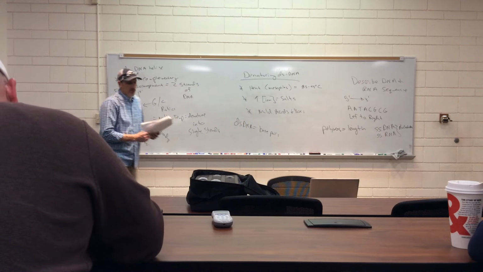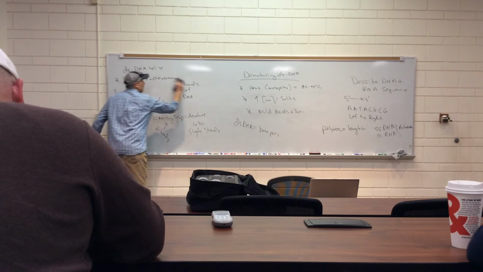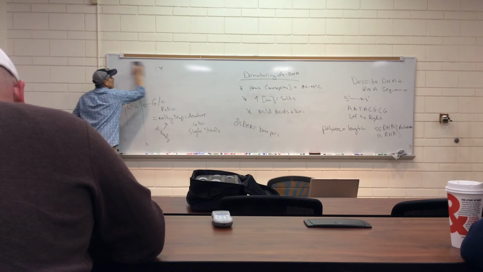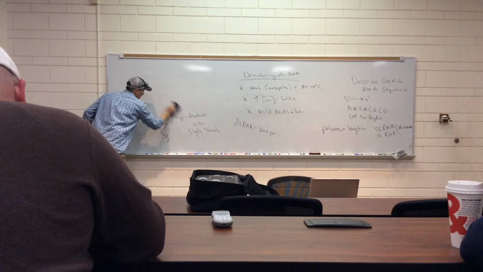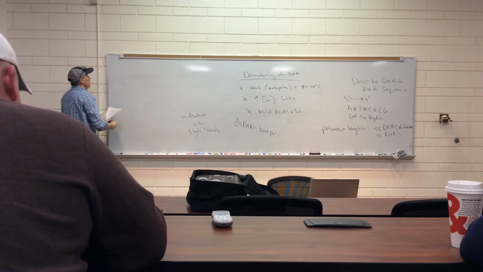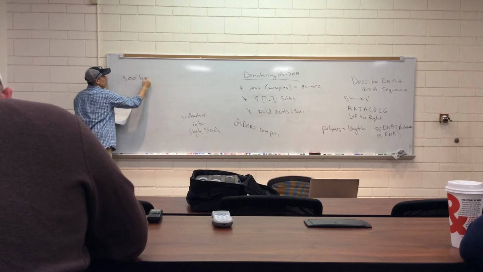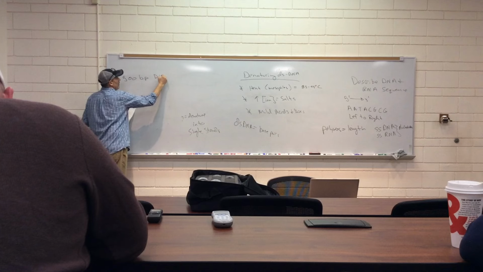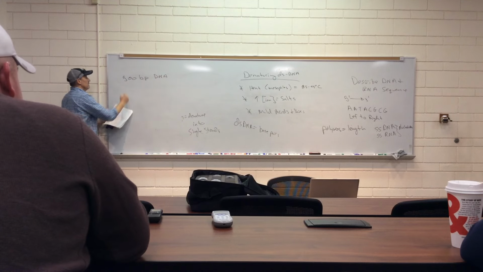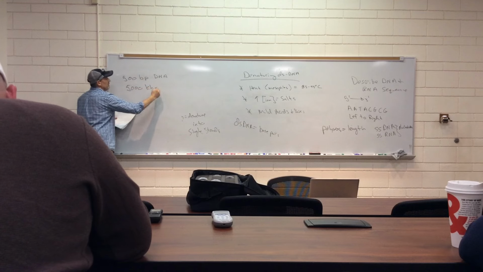So for most organisms, we have chromosomes that are pretty long, unless you're a prokaryote. So we usually describe them in either base pairs, 500 base pairs of DNA, or kilobases, 500 kilobase pairs of DNA.